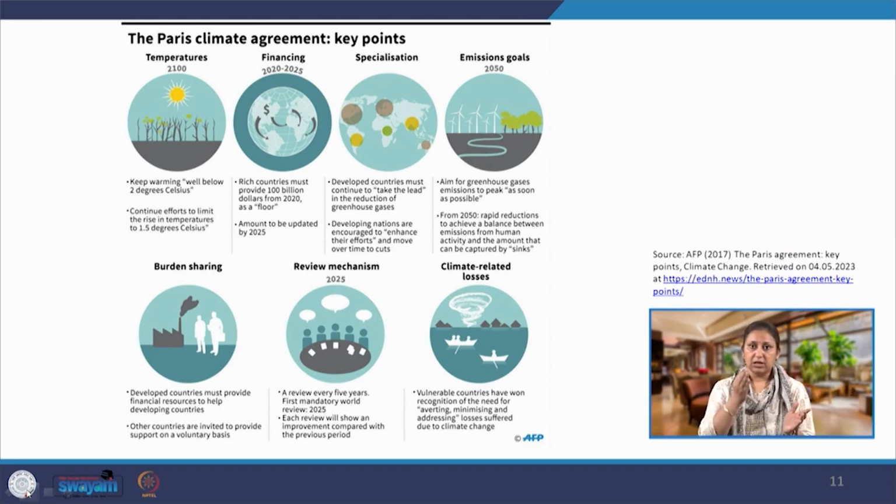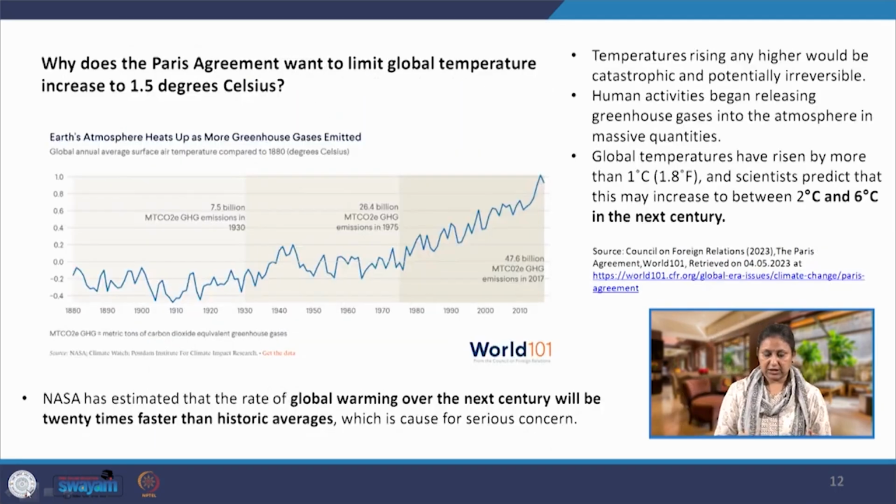So, some of the key points are continuing from the Kyoto Protocol, they have been adapted into the Paris Agreement, but in a slightly changed form. Again, there is no need to discuss why we are talking about limiting the global temperature rise to 1.5 degrees centigrade. We have discussed at length the impacts that rising temperatures have on the economy, on the environment, on social aspects, and we very clearly know that development is going to decline.